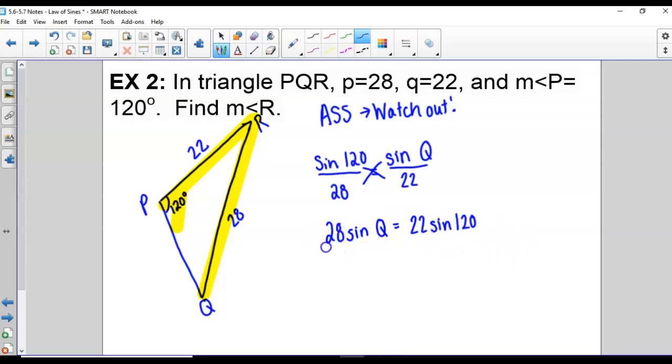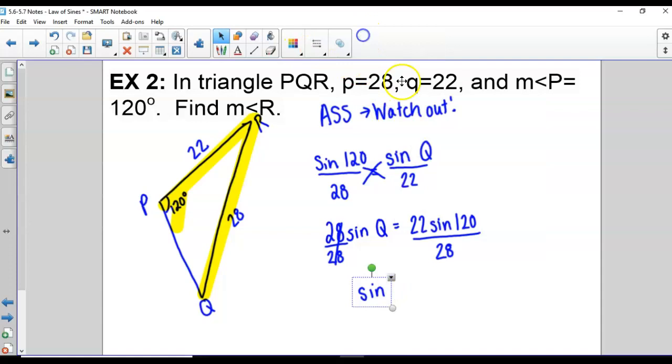I can divide both sides by 28. So sine of Q will equal 22 sine 120 over 28, those are all numbers.